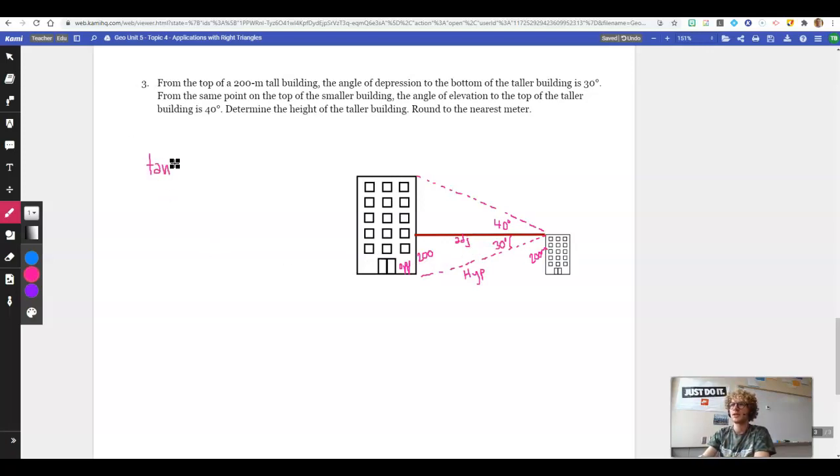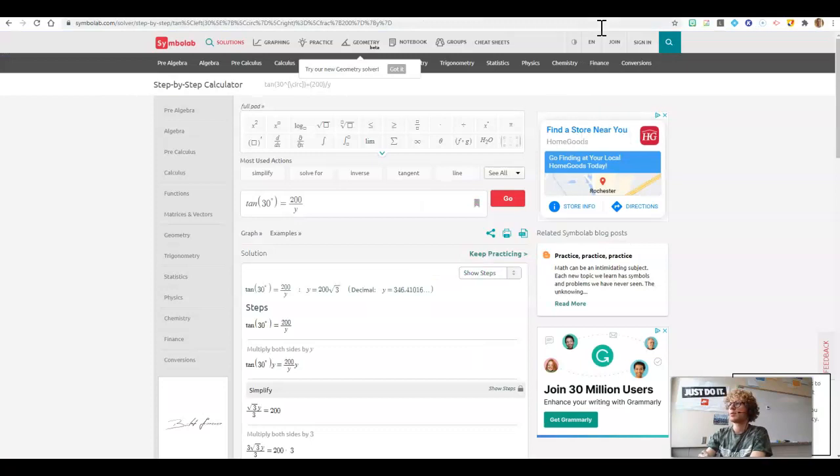So tangent of 30 equals, and we're going to call this distance x. Tangent of 30 is 200, opposite over adjacent, over x. We plug that in, and we find 346.41.